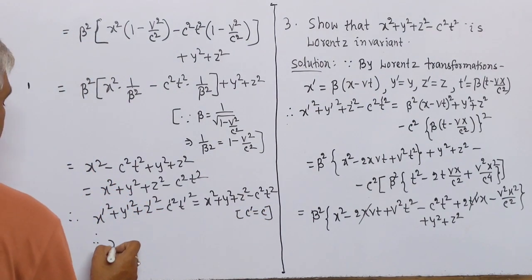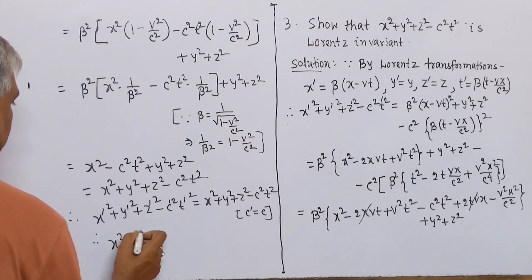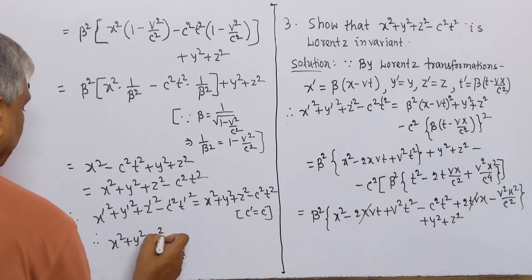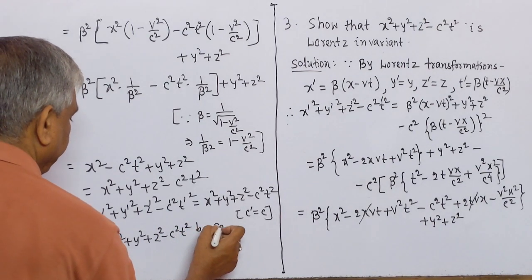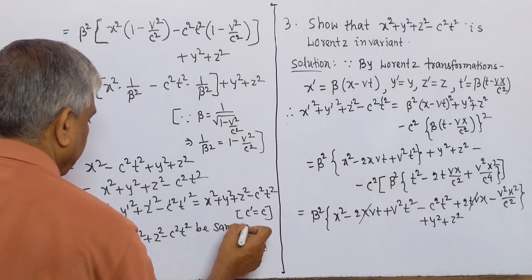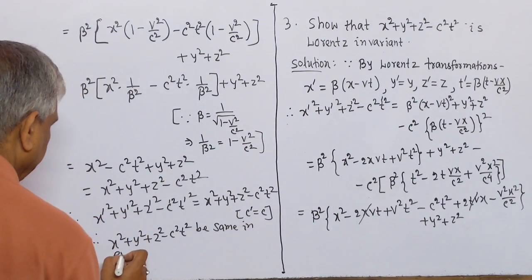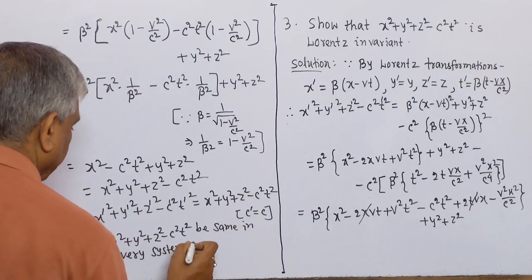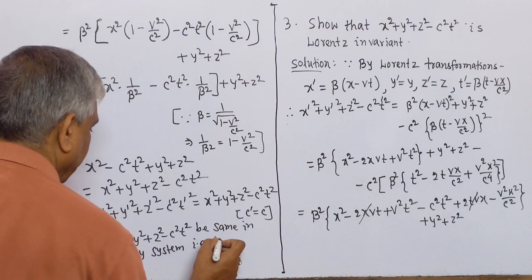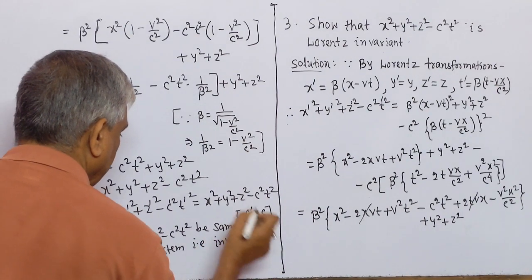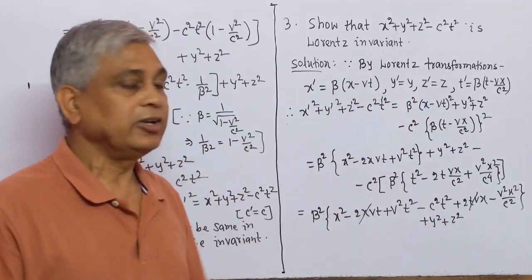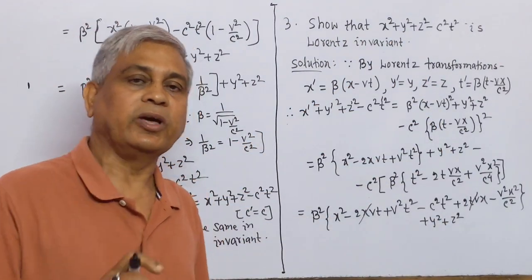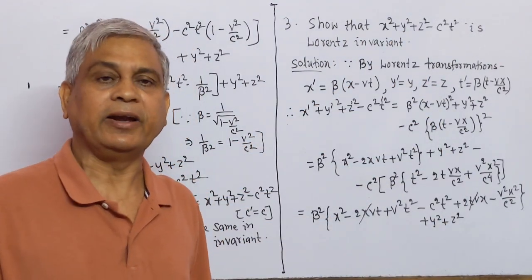Therefore, x square plus y square plus z square minus c square t square is the same in every system, that is invariant. So x square plus y square plus z square minus c square t square is Lorentz invariant.